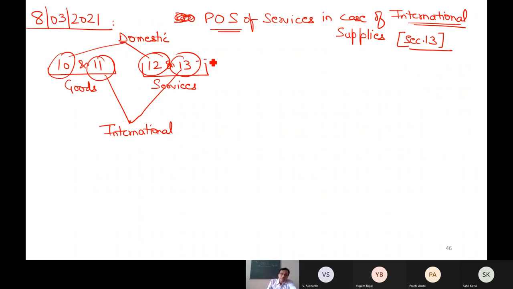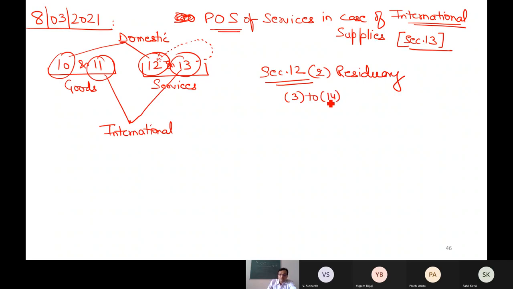Now 13 is somewhat similar to section 12. Conceptually it may be different, but the structure is the same. If you remember section 12, section 12(2) was the residuary section, residuary cases of supply, and section 12(3) to subsection 14 were specific supplies.